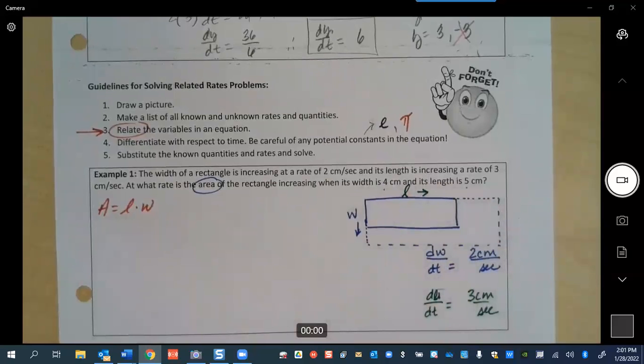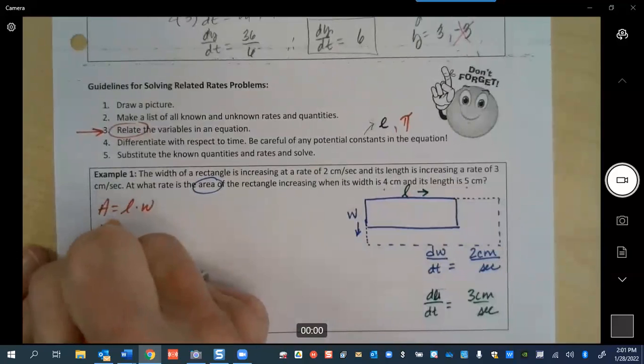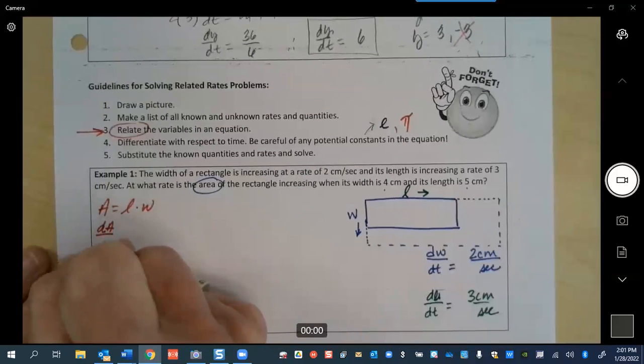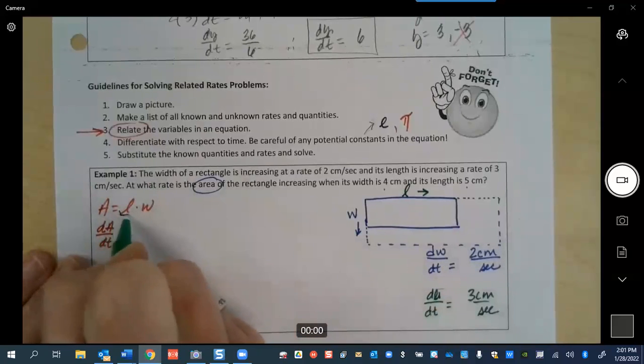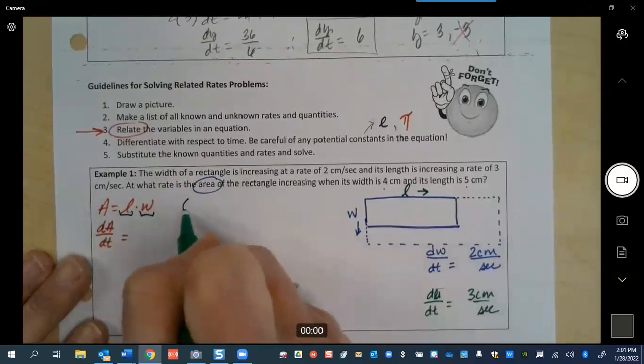That doesn't tell me how much is changing. How do I know the rate of change? Say that out loud. Find the derivative. So the derivative of the area with respect to time is equal to, how am I going to differentiate this? What am I looking at?